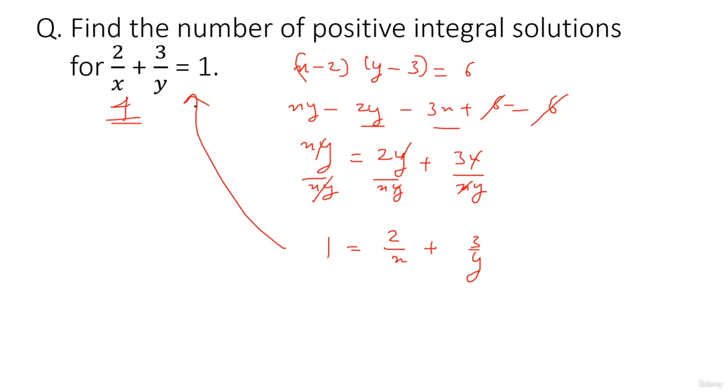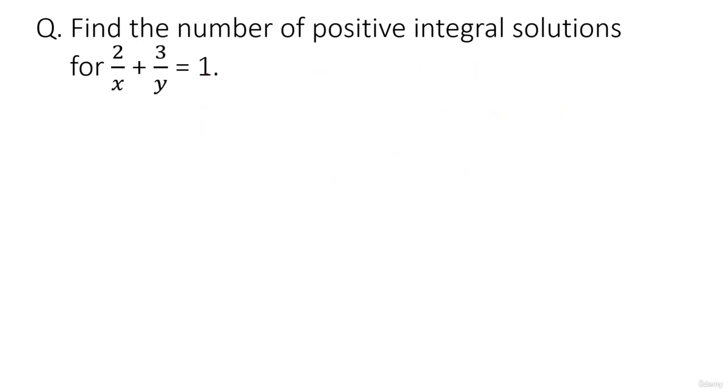Now, how do we imagine solving these questions? Whenever such a question is given, we have to basically backtrack. Whatever we did, we have to reverse it. We have to simplify or factorize this as 2y plus 3x is equal to xy, multiplying throughout by the LCM. So xy minus 2y minus 3x is equal to 0.